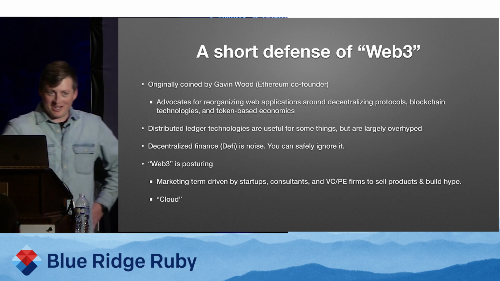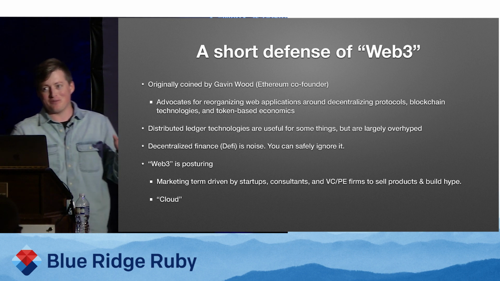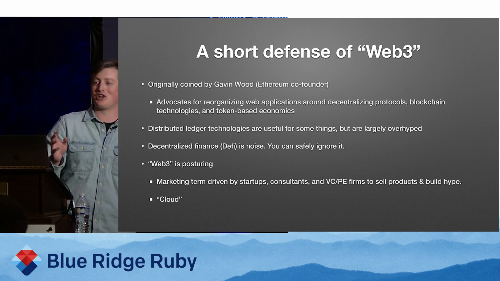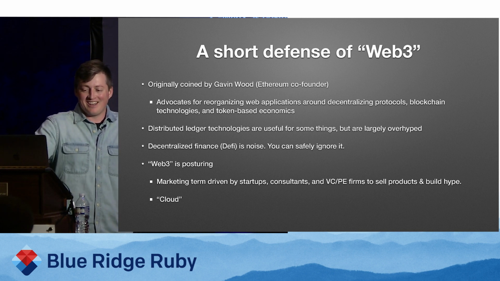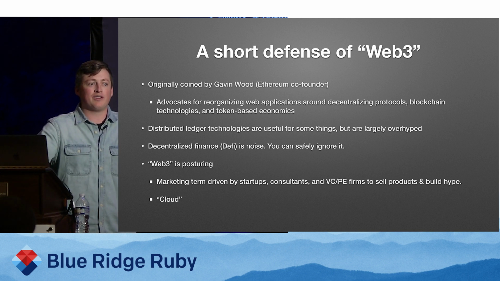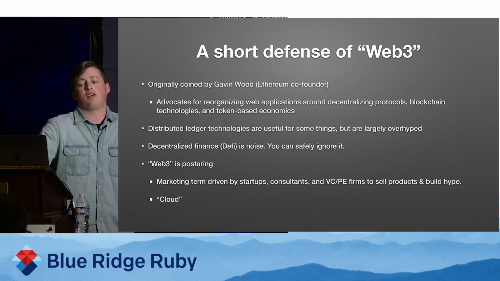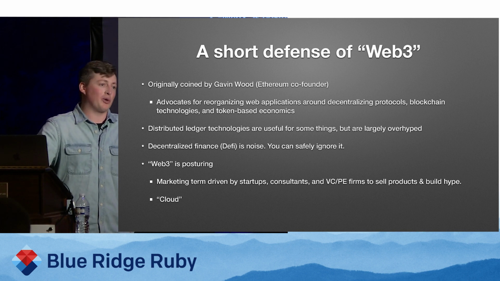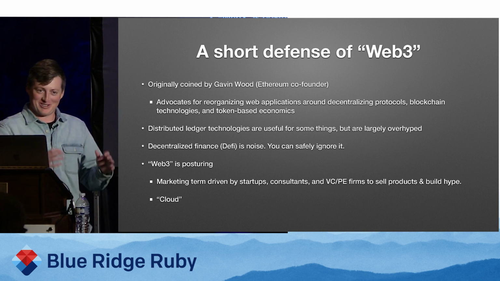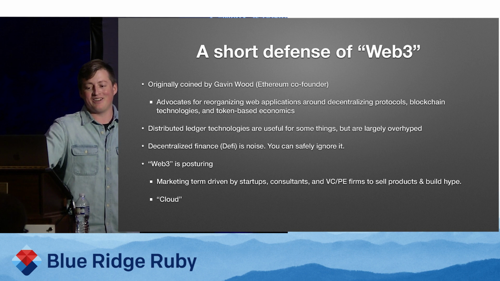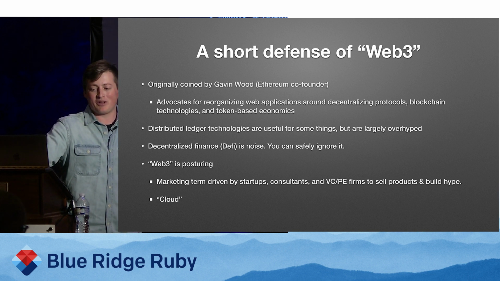This will be the only slide I devote specifically to the term Web3, because it's not a term that I care to die on any hills for. It simply advocates for a new architecture for web applications using technologies like decentralized protocols, things like blockchains and other distributed ledger technologies, and token-based economics. 2 out of the 3 of those, I think, are largely suspect and overhyped, starting with DLTs, like blockchains.